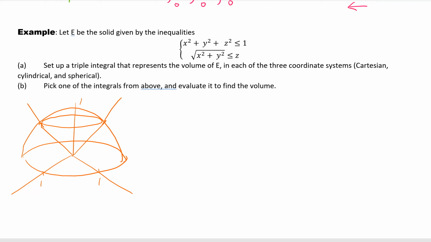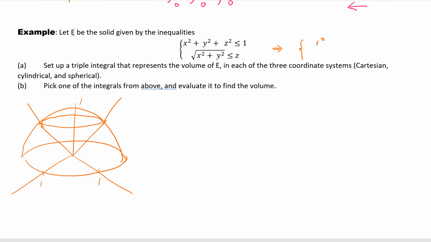In this case, because we're going to do it in three different coordinate systems anyway, I'm going to change this in terms of cylindrical coordinates, because that is easier here. We want to find the intersection.